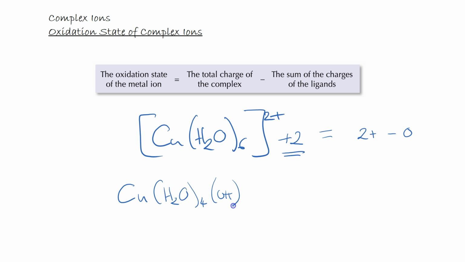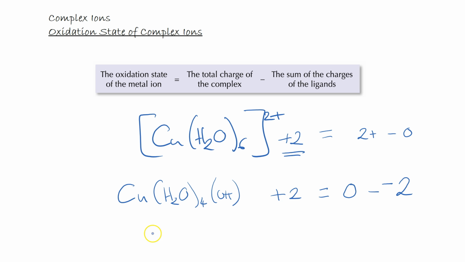So we've now replaced 2 of our waters with 2 OH. The total charge on the complex is 0, and for the charges on the ligands, we have to take away -2 because OH is -1, so 0 minus -2 gives us +2.